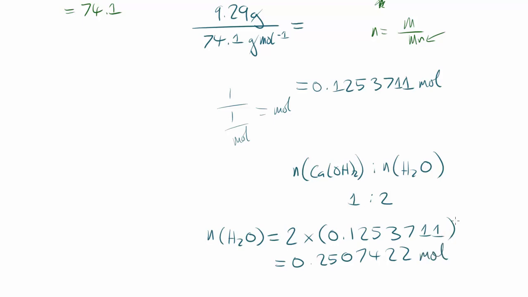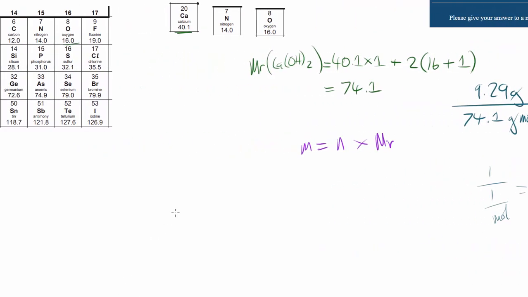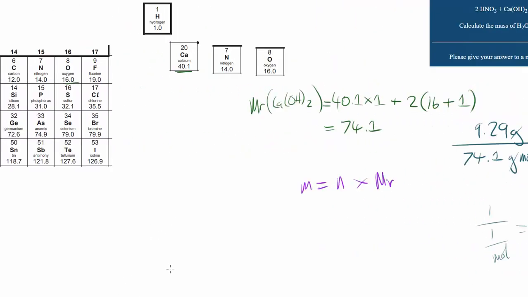Now, based on that, we can calculate the mass of H2O produced, because the mass is simply the moles multiplied by the molar mass, right? So we need to work out the molar mass of H2O. We can go back to the periodic table to work this out.